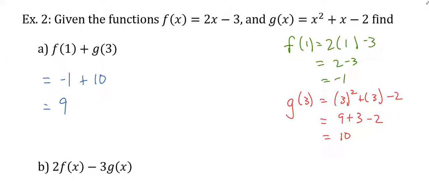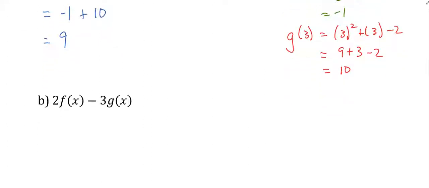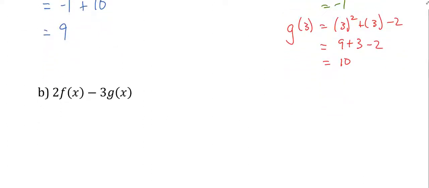Okay? Okay, next one, same thing. What does 2 f at x mean? That means 2 times f at x, which is 2 times 2x minus 3, because that's f at x.